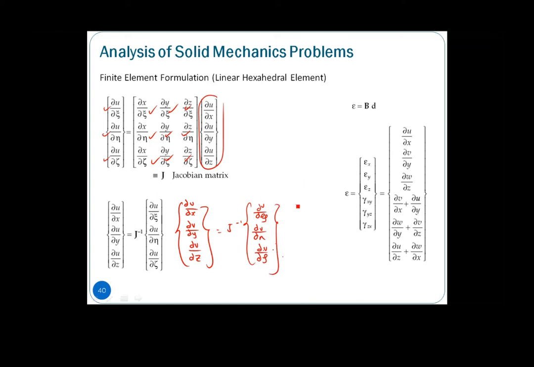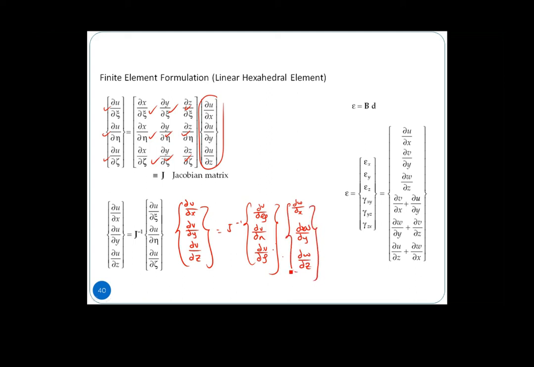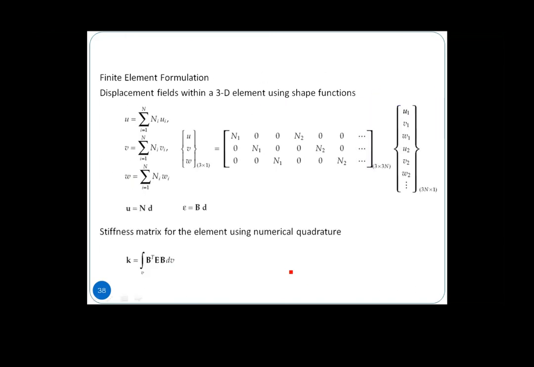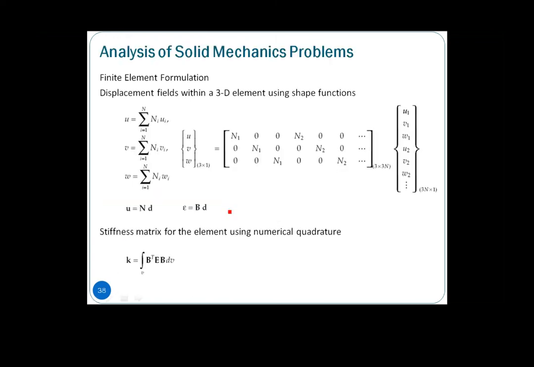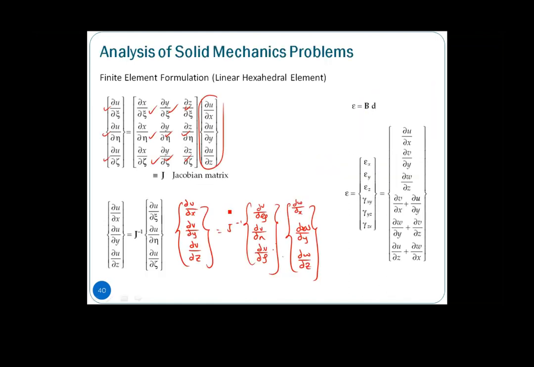Similarly, we have del w del x, del w del y, del w del z, which is what we want to determine. We want to determine these 6 terms. So here we have it equals to J inverse again times del w del psi, del w del eta, and del w del zeta.